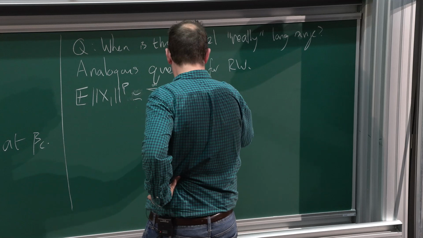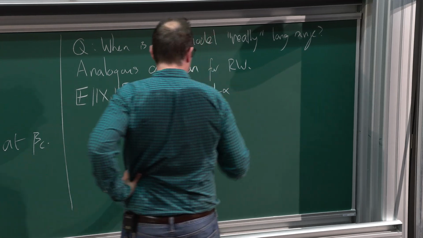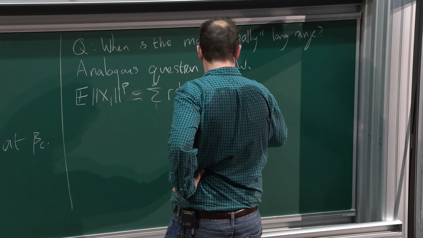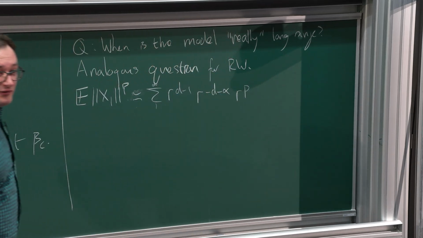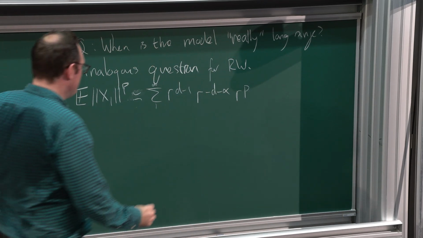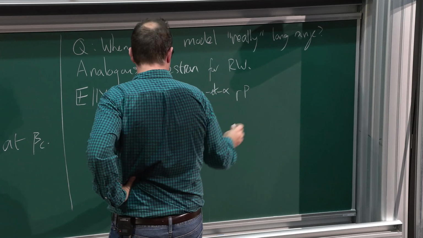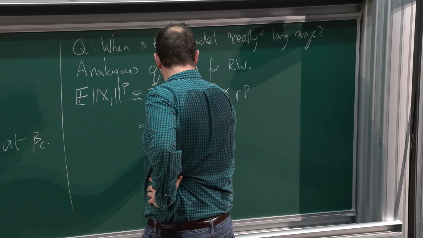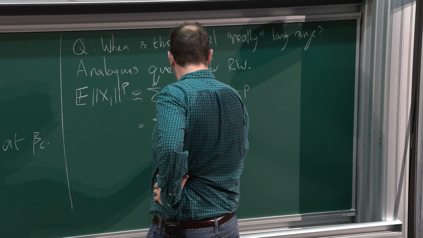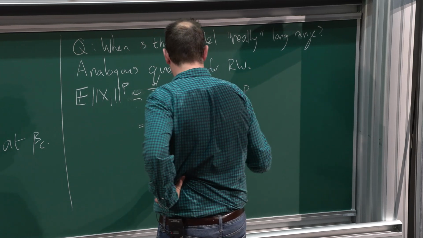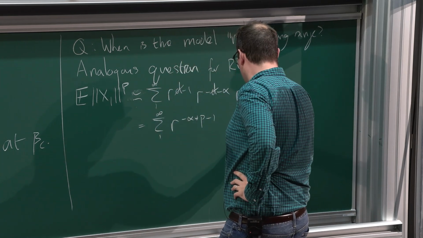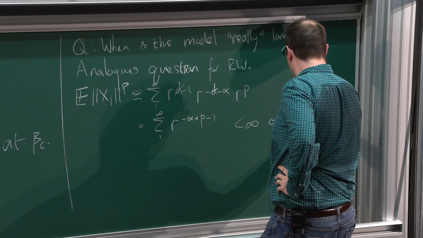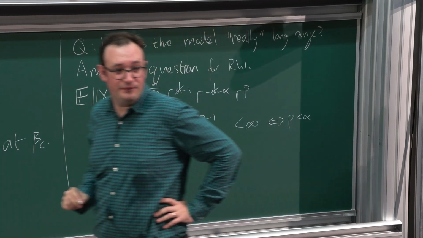Each one of them I jump to with probability of this order. And if I get there, I win an r to the p. So these two d's cancel, and I get the sum of r to the minus alpha plus p minus 1. And this is finite if and only if p is strictly less than alpha.